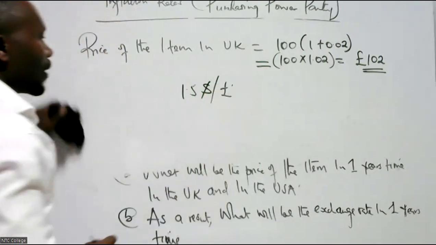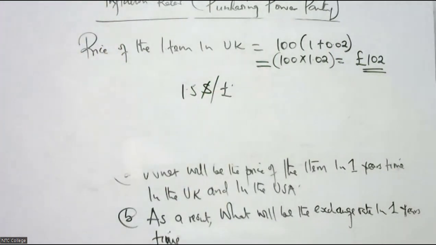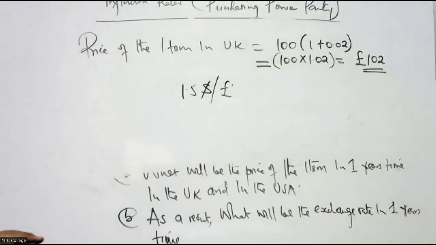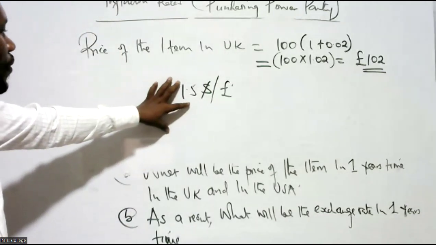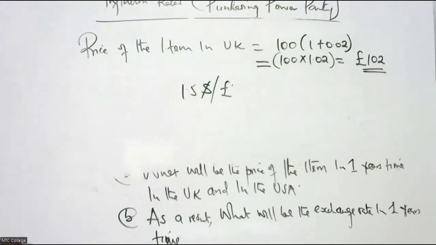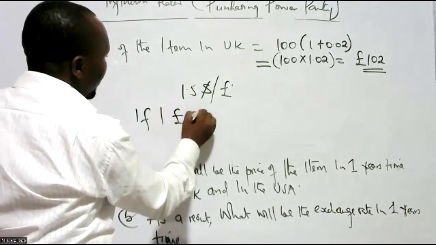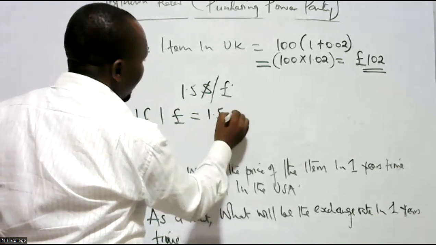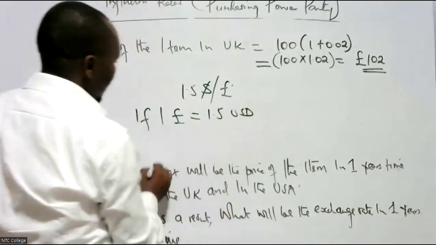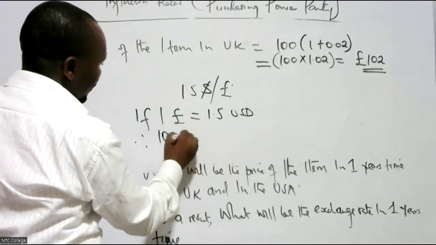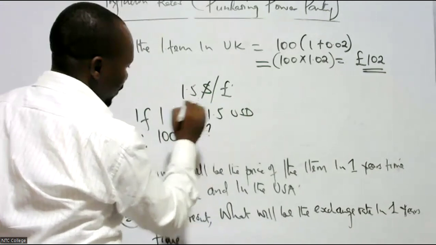I think that is how it should appear instead of the other way around. So it means that you are given the amount of dollars that can give you 1 pound. So if 1 pound is giving you 1.5 US dollars, then 100 pounds is equal to what?